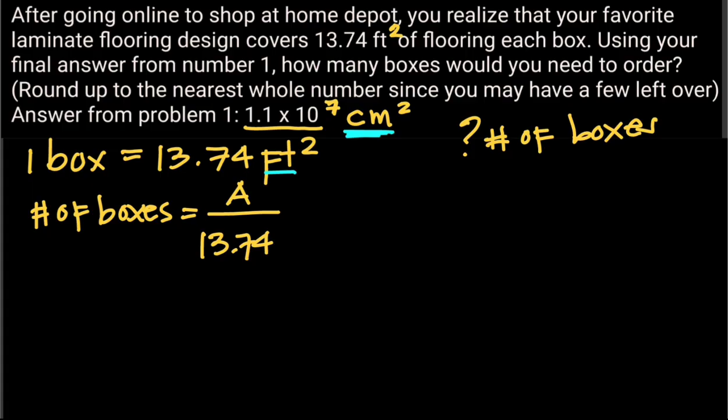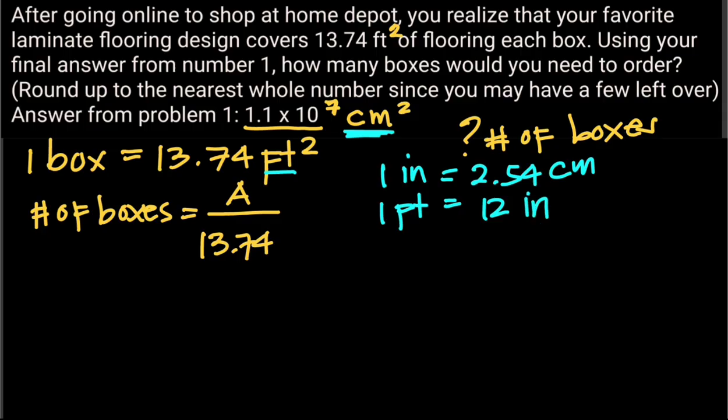So let's recall the conversion factors first. We know that 1 inch is equal to 2.54 centimeters. And then 1 foot is equal to 12 inches.